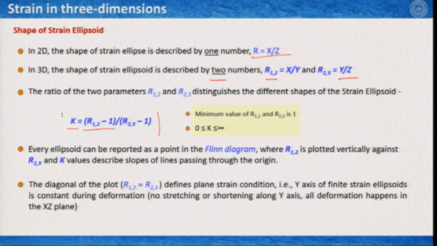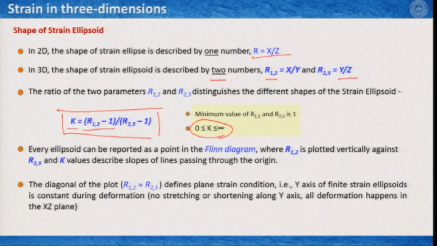So, from this equation and our understanding of x, y, z, we can figure out that the minimum values of r12 and r23 possible is 1, and k can be equal to or greater than 0 and equal to or less than infinity. Now, given this condition that k could be 0 to infinity, you can report all the possibilities of strain ellipsoids in the Flynn diagram. And the Flynn diagram we will see in the next slide.